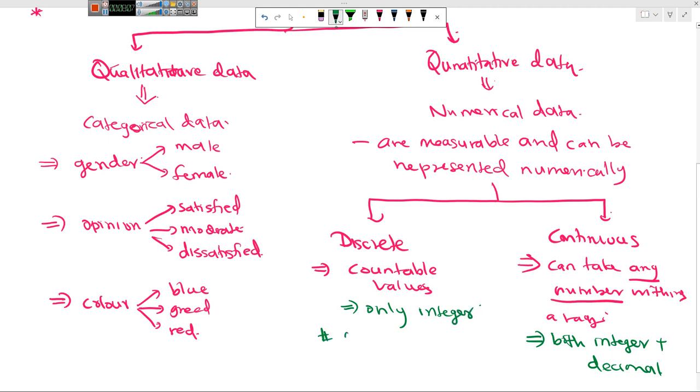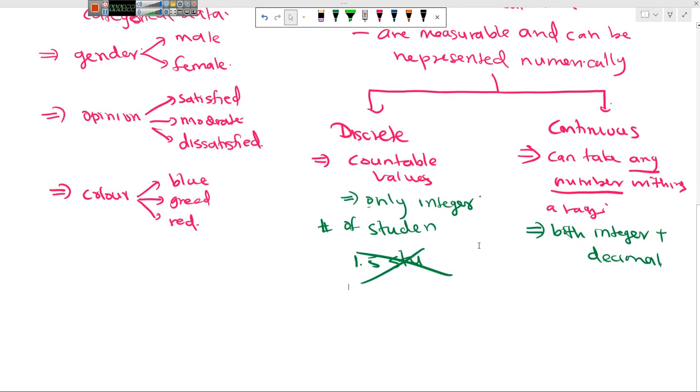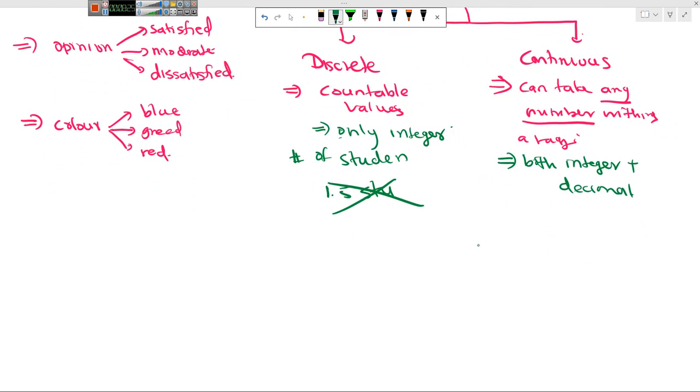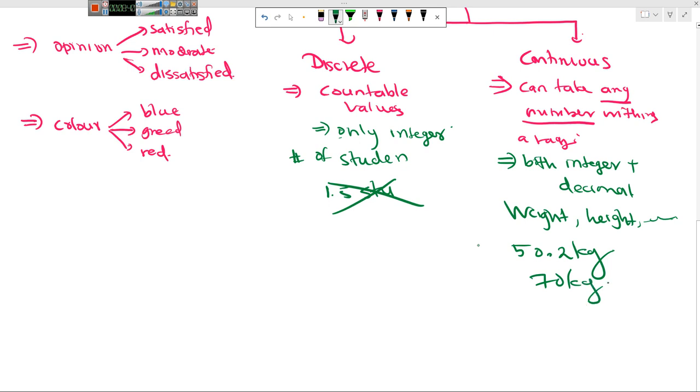For example, number of students, right? So we can have 5, 10, even 1000 students, but we can never have 1.5 students, right? So this is practically impossible. And in continuous data, we can have examples such as weight, height, etc., right? So for example, I can have 50.2 kilograms as well. Another person may have 70 kilograms. So as you can see, we have both decimal and integer values.